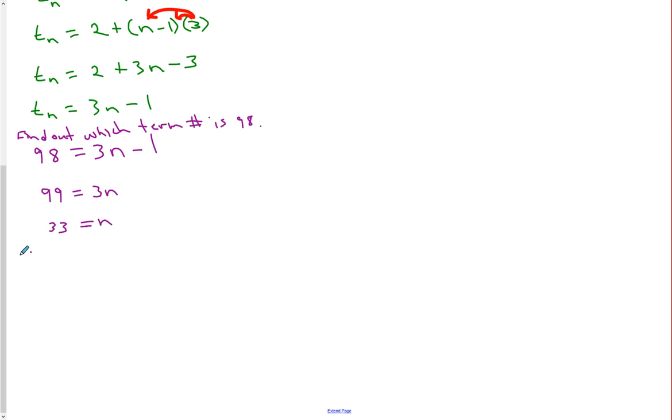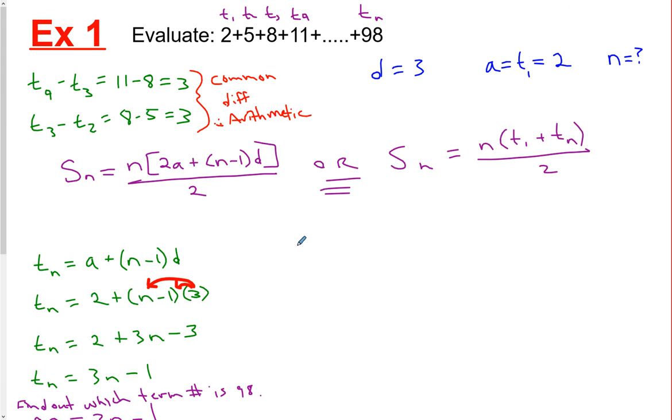And so we can say 98 is the 33rd term. So let's put that up here at the top. We can get rid of that question mark, and we can put in a 33. There's 33 terms.